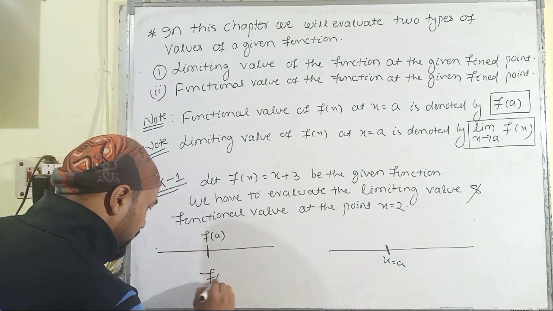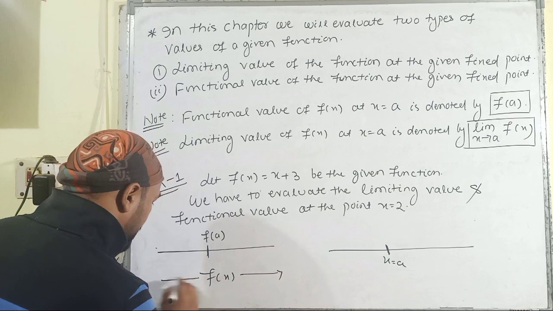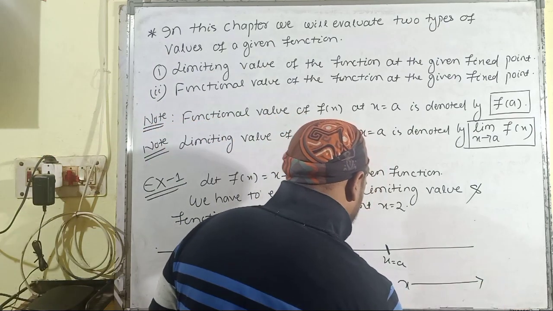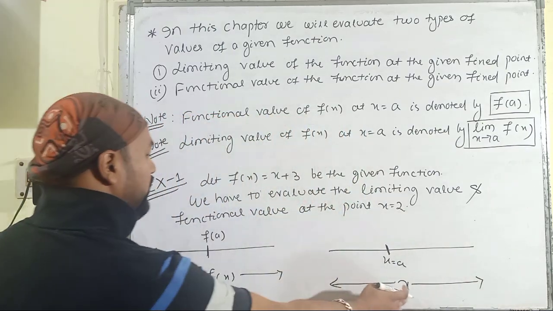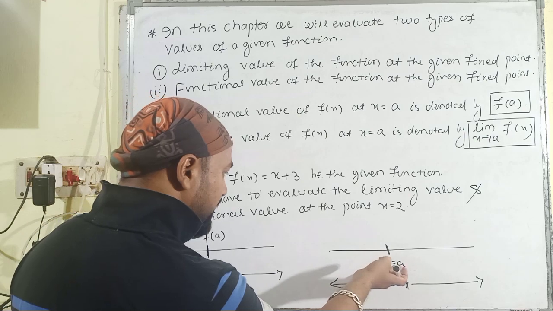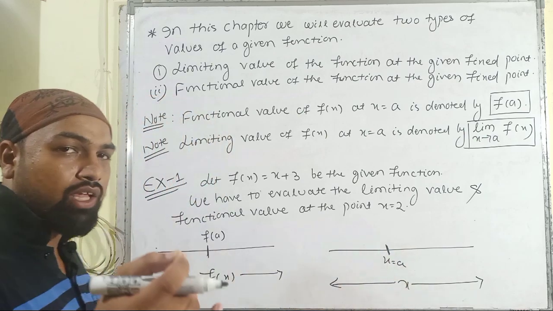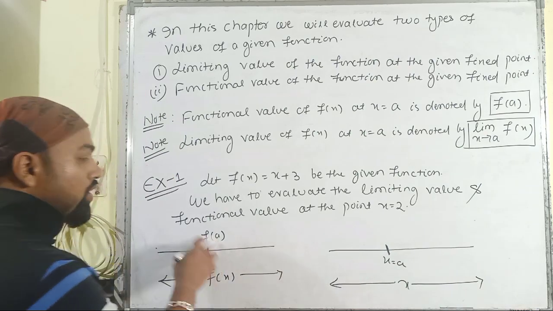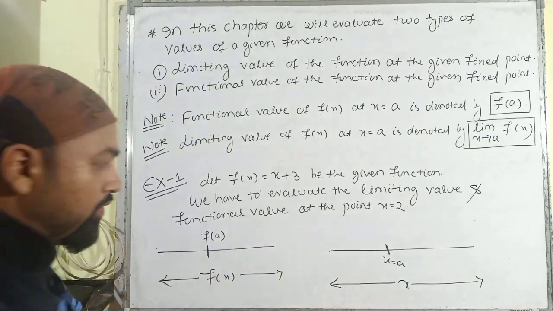This is the area for f of x, and this is the region x. So whenever you put x equal to a, you directly substitute a in place of x, then you find f of a, and that is called the functional value.